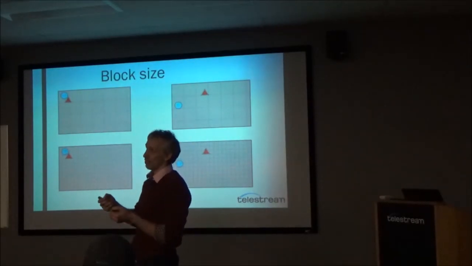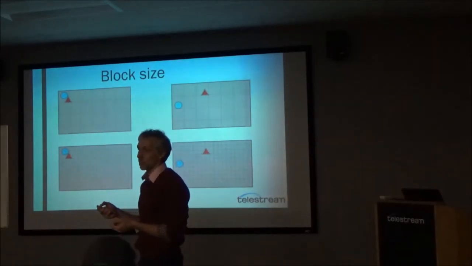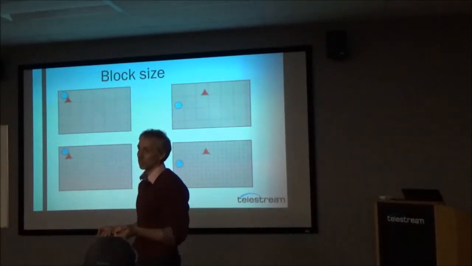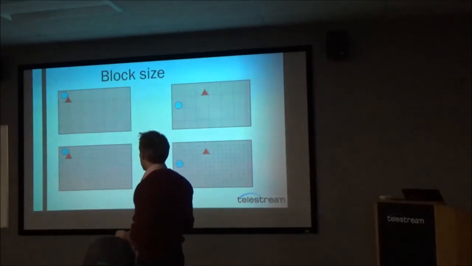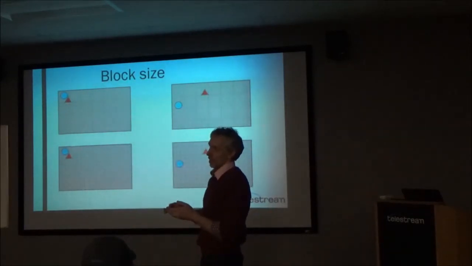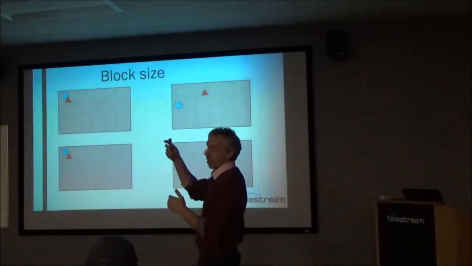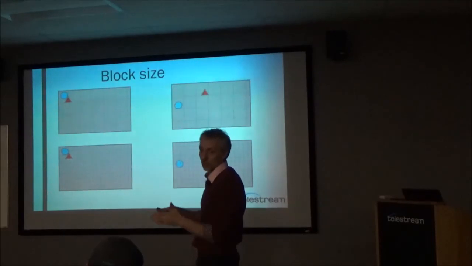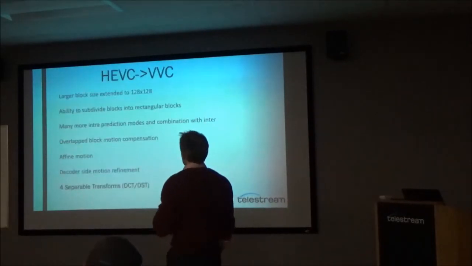That's great, I can easily predict what every pixel is going to be, but I've got to send 1920 by 1080 motion vectors in the bit stream, which has completely blown my bit budget. So there's a compromise. What we've ended up with is the ability to subdivide big blocks into smaller blocks. If we need a big block, we'll use a big block. If we need a smaller block, we'll send a small block.